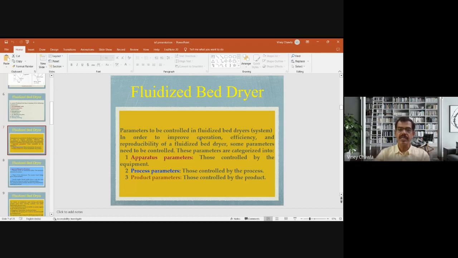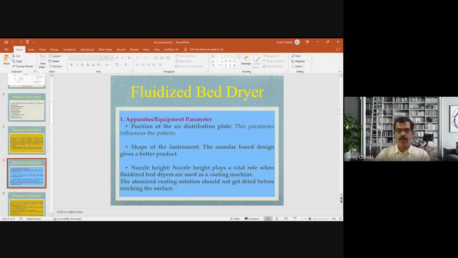Second is process parameters, which are controlled by the process. Third is product parameters, which are dependent on the product. I mean, neither the apparatus nor the process has any influence on these product parameters. So we will discuss them one by one. First of all, apparatus or equipment parameters.